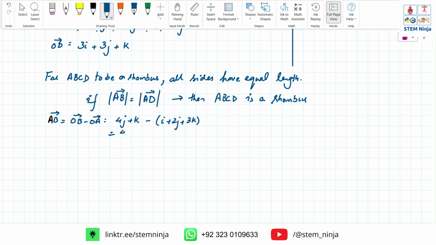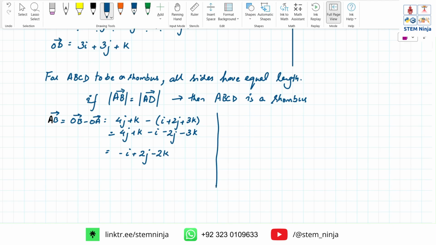So this would be 4j plus k minus i minus 2j minus 3k. And this simplifies to minus i, 4 minus 2, 2j, and minus 2k.